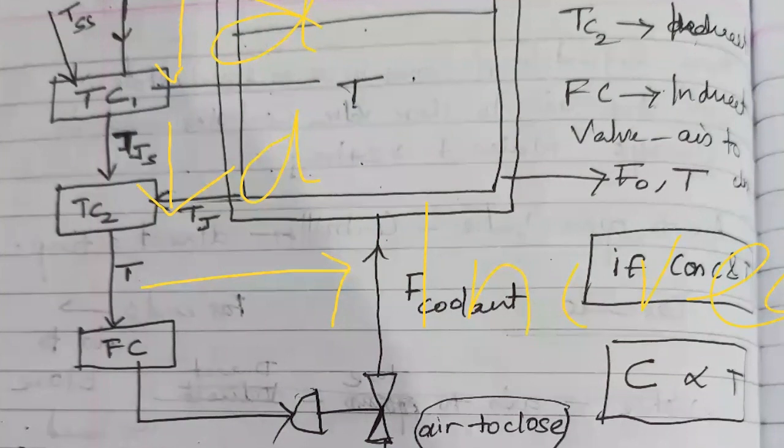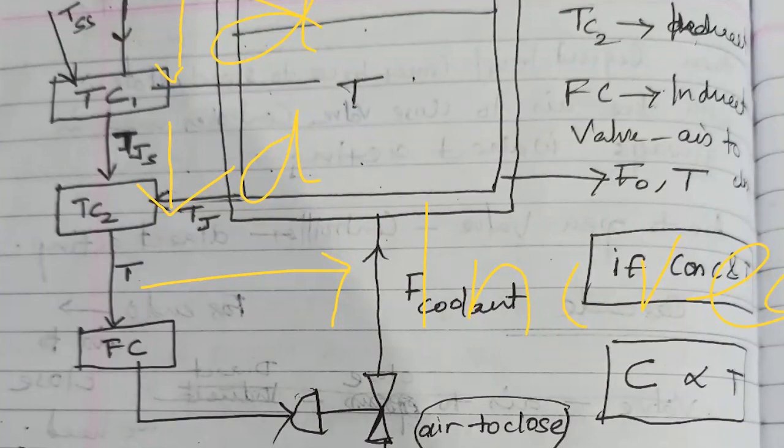Now tell me, what about the flow controller? Last one, flow controller. The flow controller input is increase the flow. If you want to increase the flow rate, what should he do? Direct or indirect? It is an air to close valve.